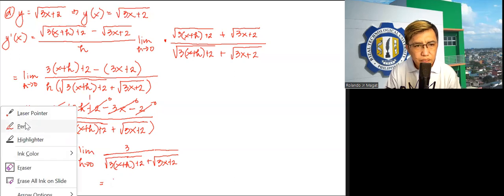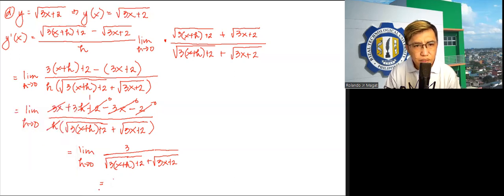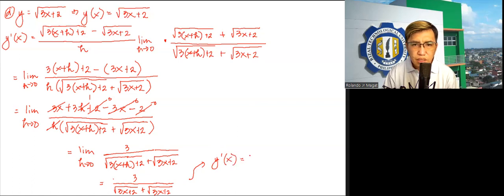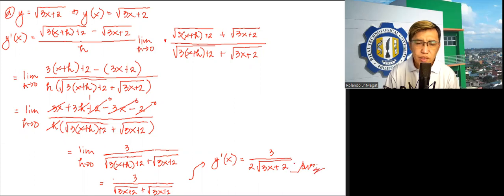Whenever h approaches 0, we have here 3x plus 2. So we have 3 all over the square root of 3x plus 2 plus the square root of 3x plus 2, which implies that we can simplify the radicals because we have the same radicand. Therefore, y prime of x is equal to 3 all over 2 times the square root of 3x plus 2. And this is the final answer. Okay?